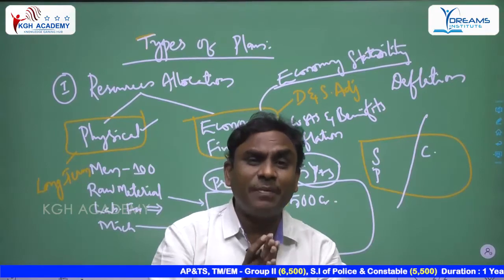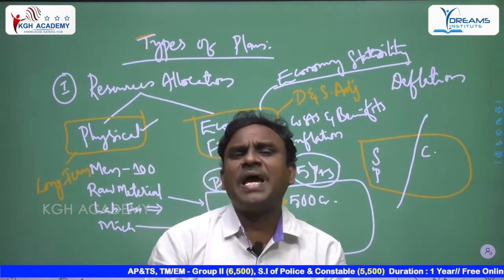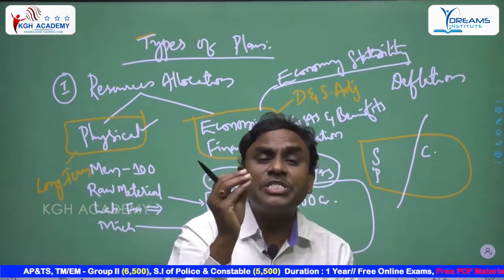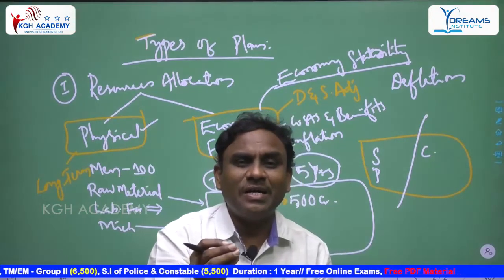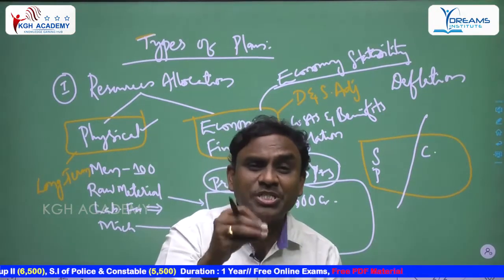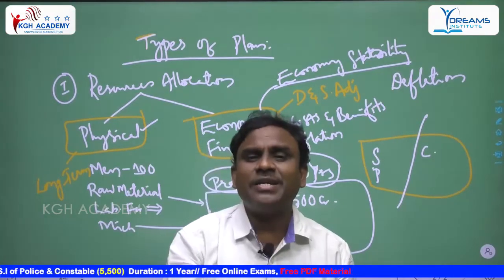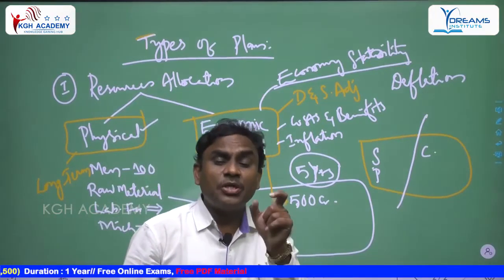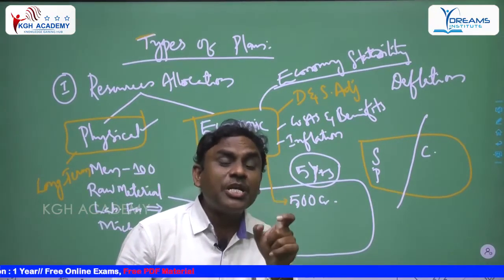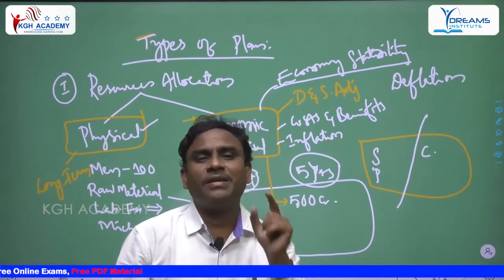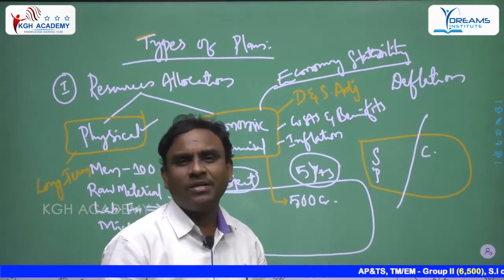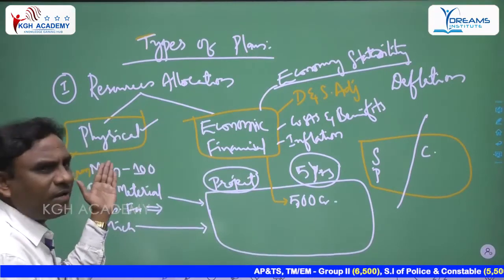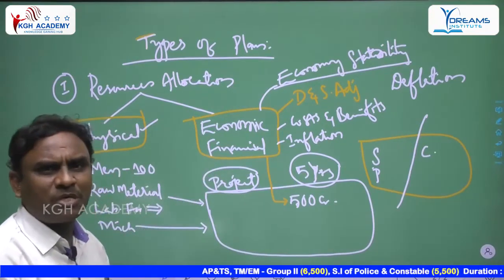The economic planning was initially introduced by Christian Kofeider, a Russian nationalist, in 1910. This term was derived by Christian Kofeider. This is the difference between physical plan and economic or financial plan.